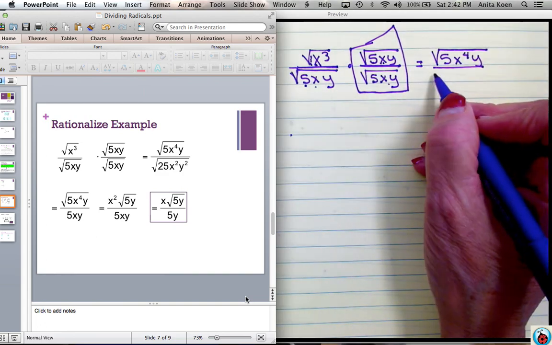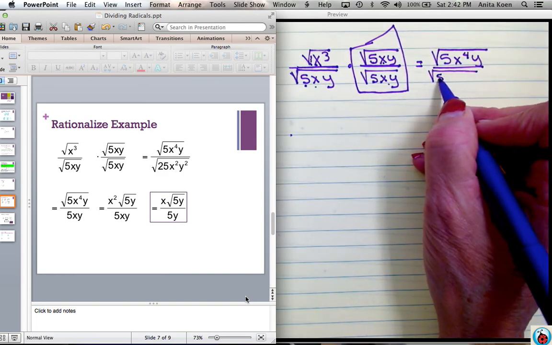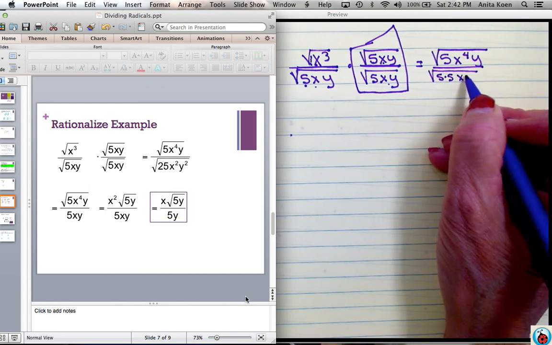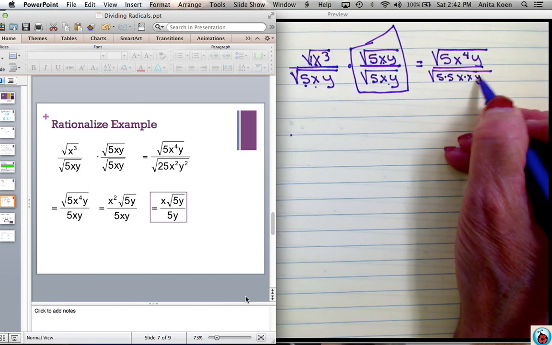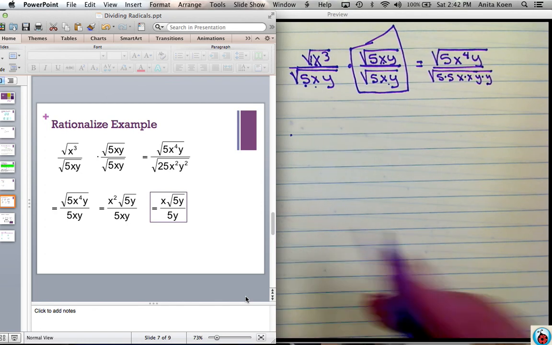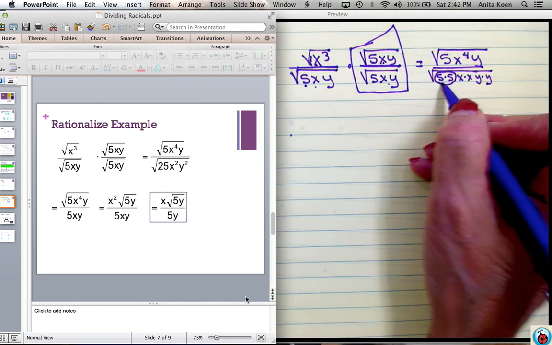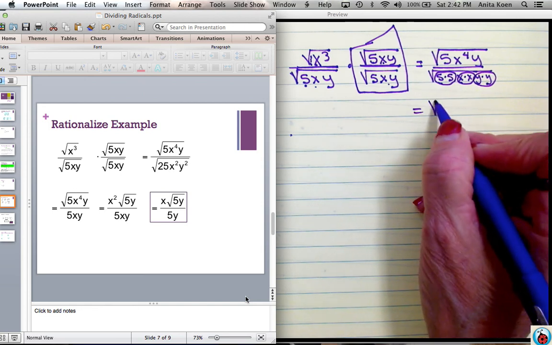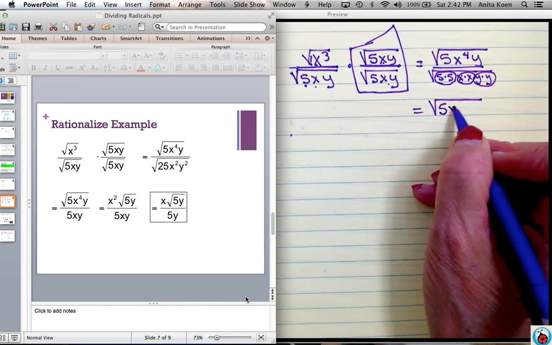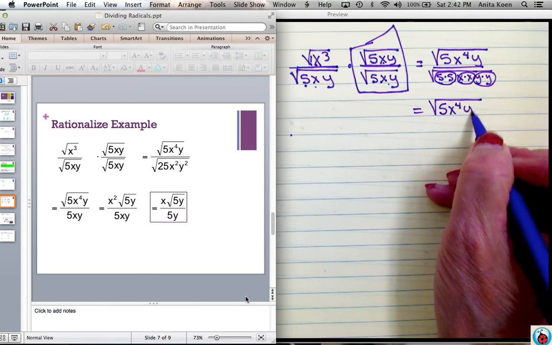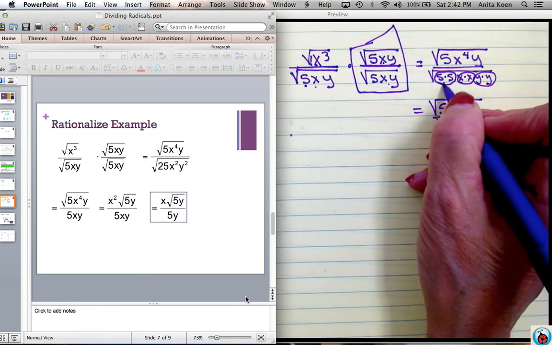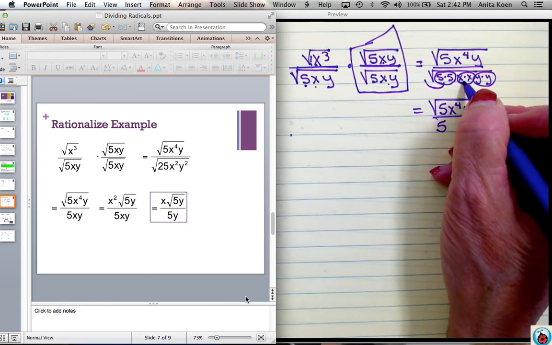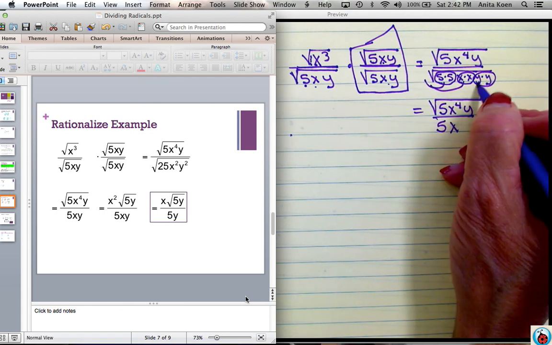Over, now the 5 has a partner, the x has a partner, and the y has a partner. So I can circle, circle, circle, and in the numerator I have 5x to the 4th y over, the 5 comes out, the x comes out, and the y comes out.